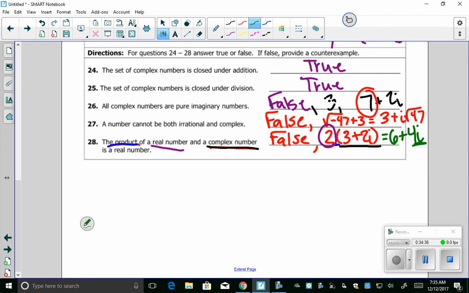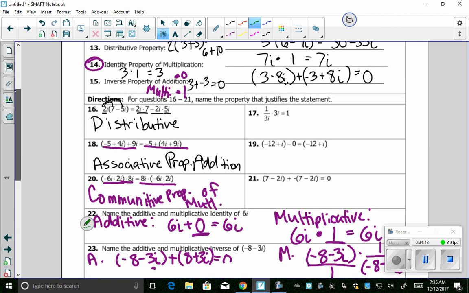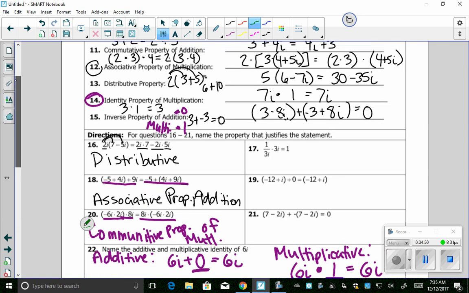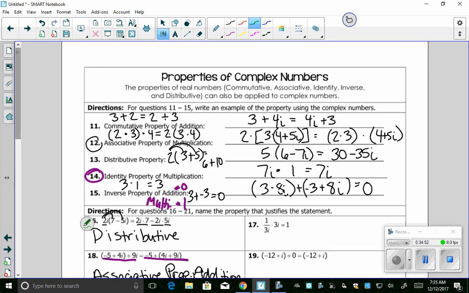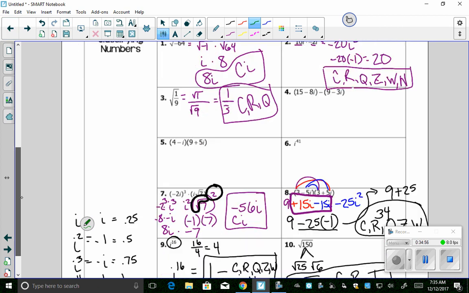So here's what I want you to do. On a separate sheet of paper, I want you to answer the problems that we skipped. So 17, 19, and 21 on a separate sheet of paper, and 4, 5, and 6.